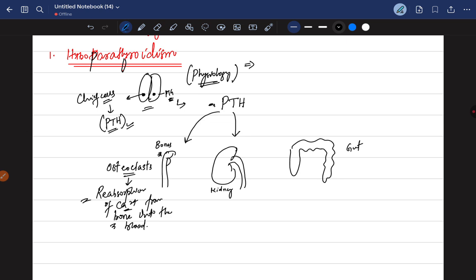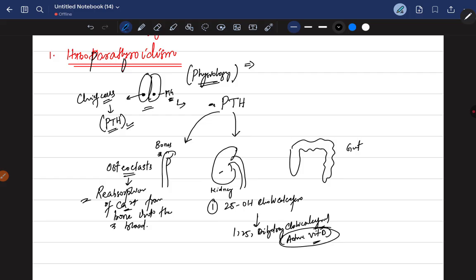One is that in the kidney, PTH helps to convert 25-hydroxycholecalciferol into 1,25-dihydroxycholecalciferol, that is active vitamin D. This PTH function leads to the conversion of 25-hydroxycholecalciferol into 1,25-dihydroxycholecalciferol, the active form of vitamin D. When this vitamin D is synthesized in the kidneys, it will go on to help in the absorption of calcium from the gut.